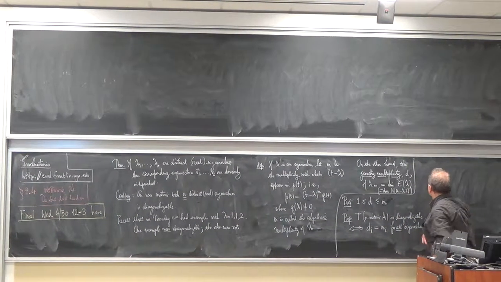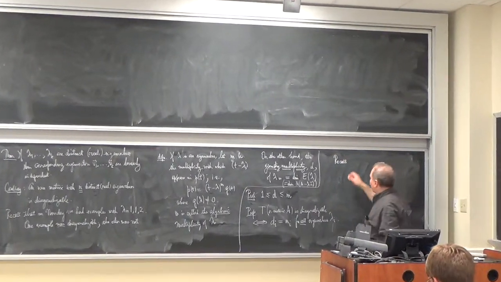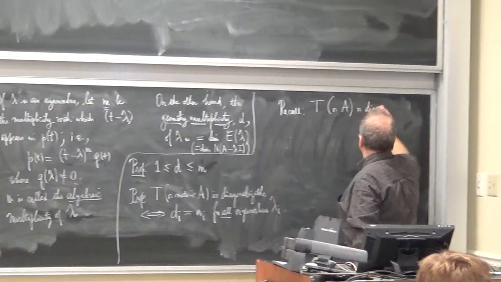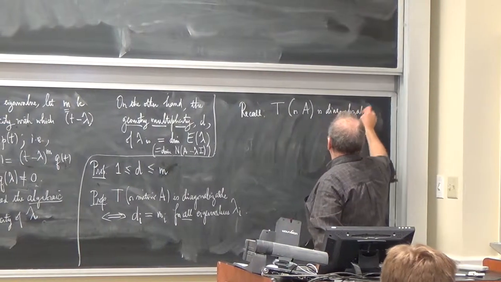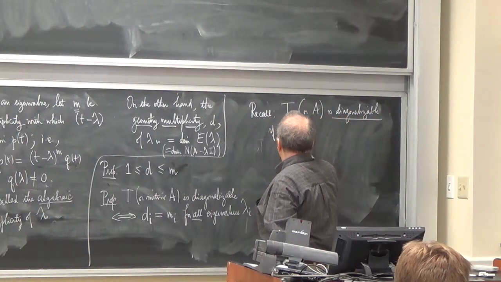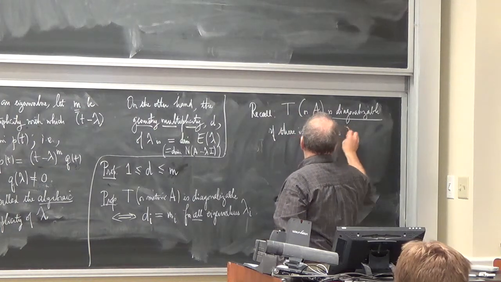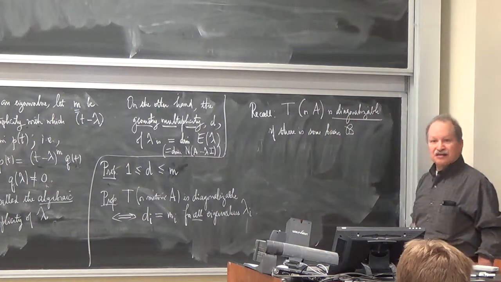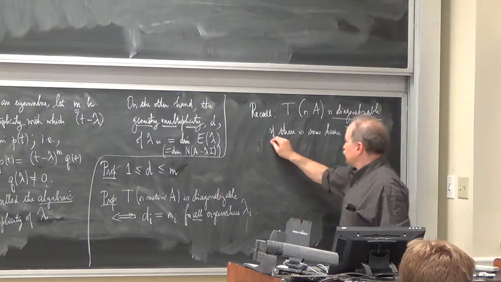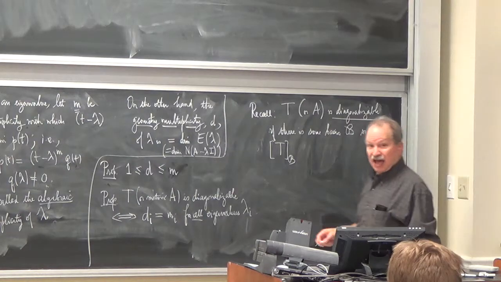All right, so recall, even if I didn't say it, it's in the book: T, or matrix A, is diagonalizable if there's some basis script B so that the matrix of T with respect to that basis is a diagonal matrix.